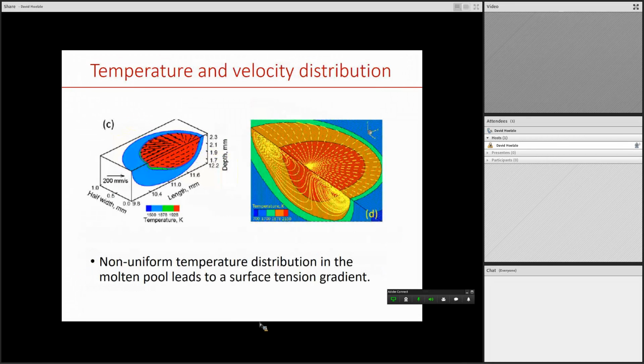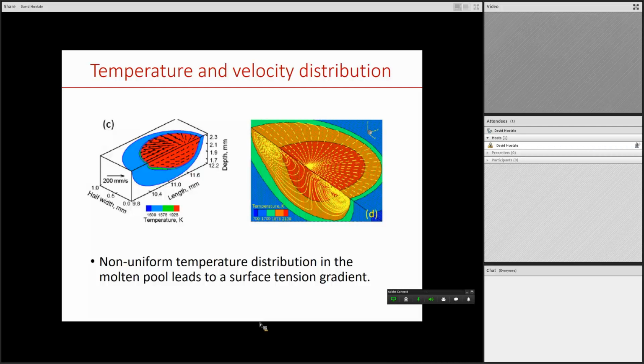Here are the two plots we got from those equations, showing the temperature and velocity distribution. So it's clear that the non-uniform temperature distribution in this molten pool is due to a surface tension gradient.